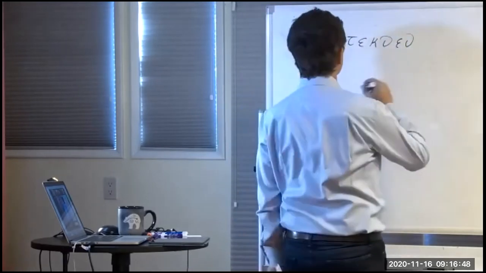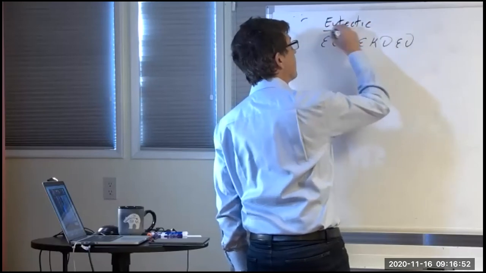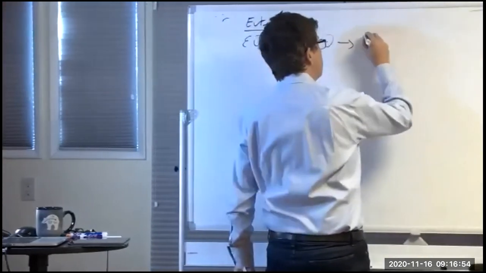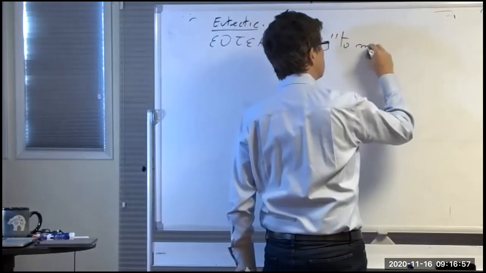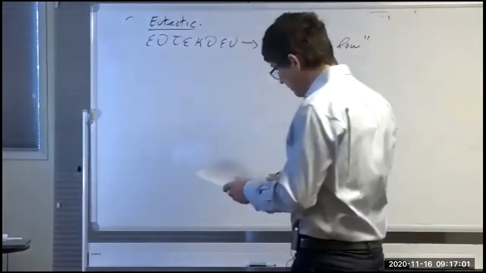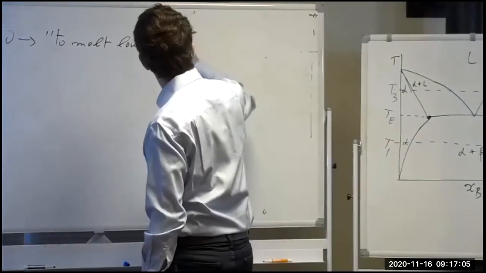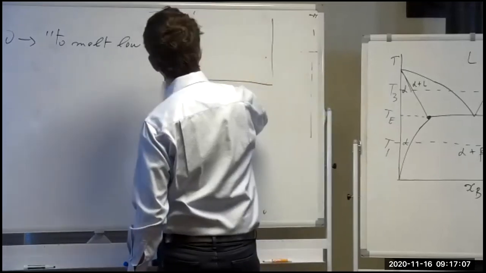So this is Greek for eutectic. And eutectic means to melt low. And of course, that is the cool thing about a eutectic, right?